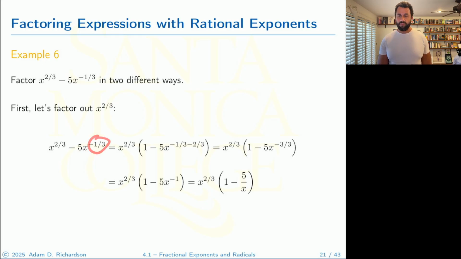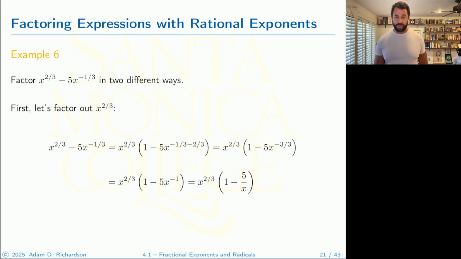I've got -1/3, and I'm taking away 2/3. So that's -1/3 minus 2/3. -1/3 minus 2/3 is -3/3. So that's -1. And there it is. 5 times x to the -1. Or we could write it like this, just like so.